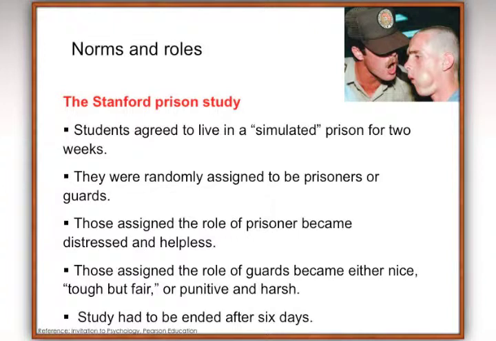Those assigned the role of prisoner became distressed and helpless. On the other hand, those assigned the role of guards became either nice, tough but fair, or punitive and harsh. In the end, the study had to be ended after only 6 days.